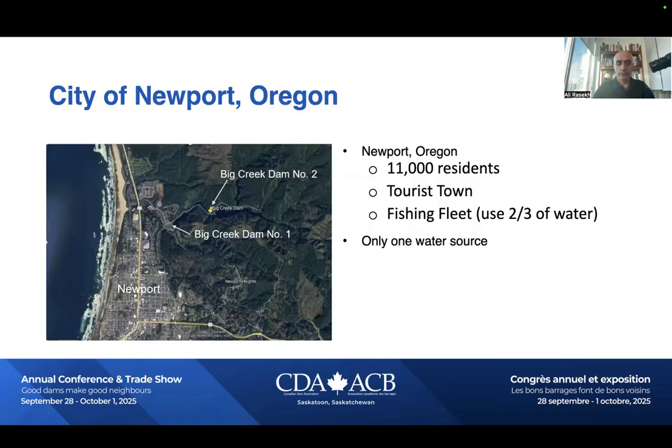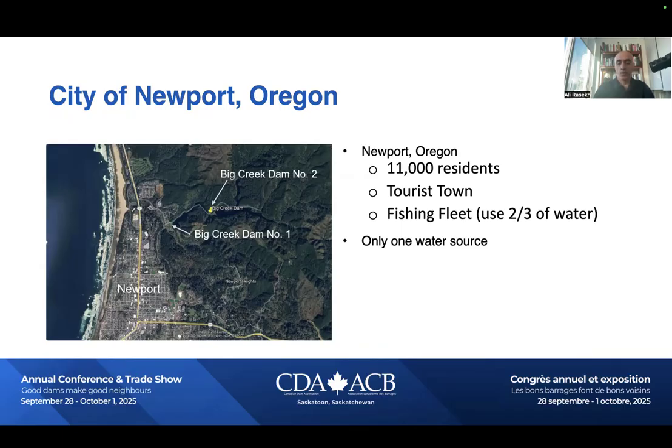This is the city of Newport in Oregon, which is a majestic tourist city, and it has about 11,000 residents. There is a fishing fleet that uses two-thirds of the fresh water.